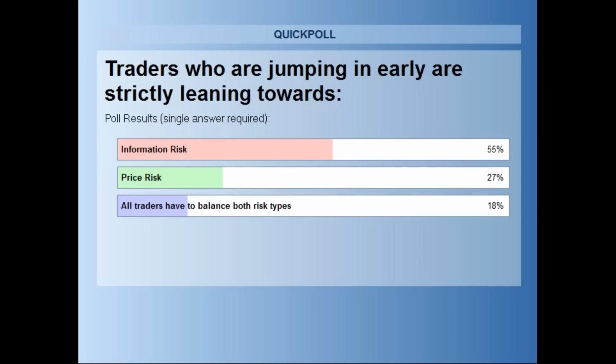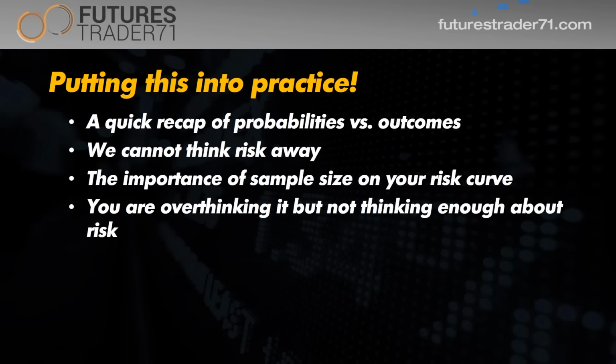So you're jumping in early, but the trick thing is here, you can never eliminate one or the other. So early may be just enough information to take the trade. Early may be just the right price to take the trade. Could be either one. The fact is, as a trader, you're constantly having to balance those two.